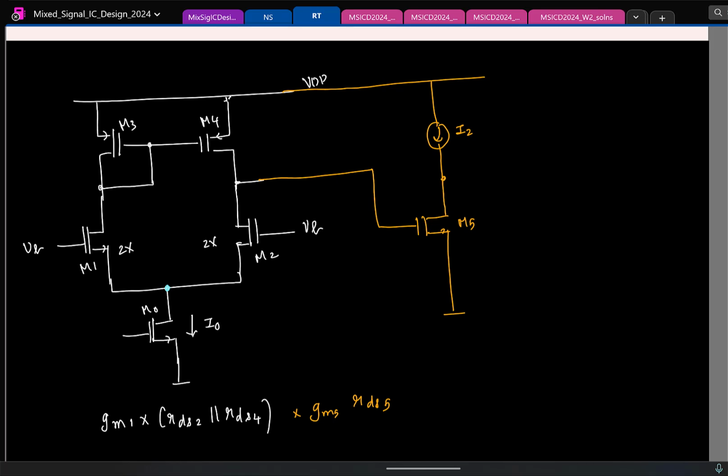From the drain of the transistor M5. Is that clear? So tell me which is the positive terminal, negative terminal now? Let me make it. I have A and B. Which is positive, A or B? B.